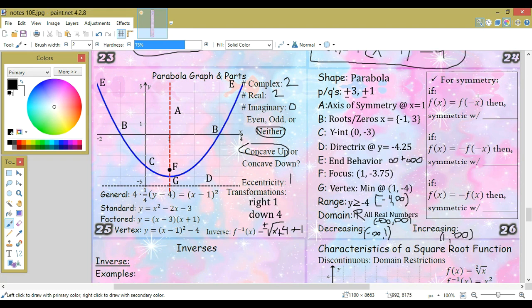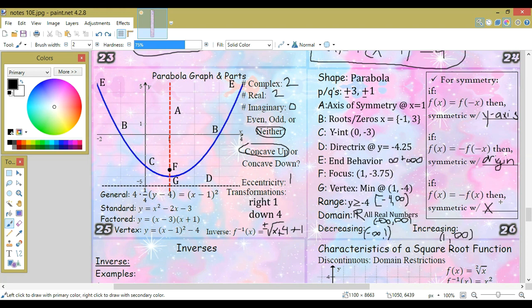Now let's talk about checks for symmetry. If you can't see this with just looking at the graph, this is how you can check it algebraically. If f of x equals f of negative x, then that is symmetric with the y-axis. If f of x equals negative f of negative x, then it's symmetric with the origin. And if f of x is equal to negative f of x, then it's symmetric with the x-axis.